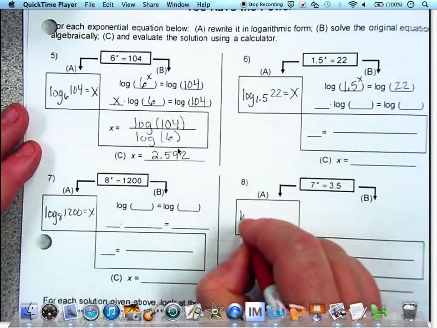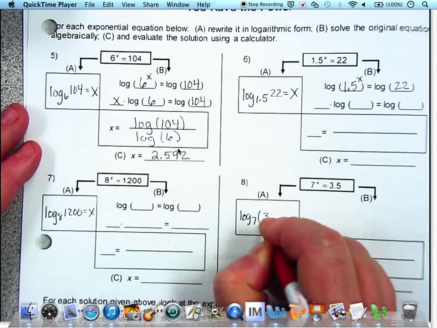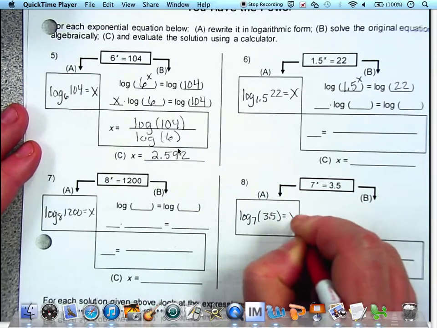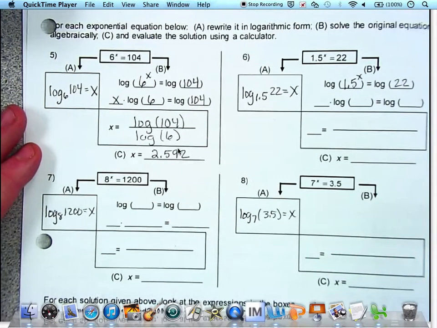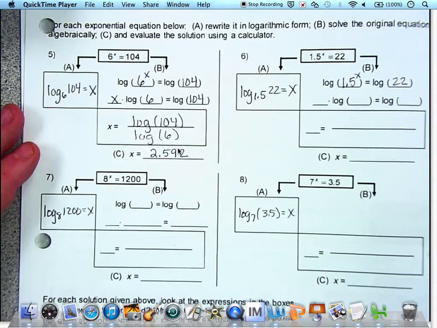Does it just want us, on the last one, to write it out ourselves? Yes. They're gradually letting you do it yourself.